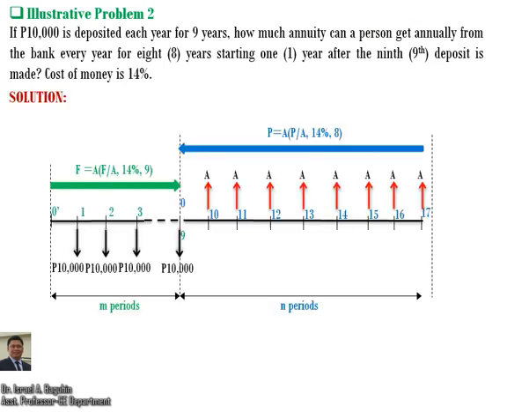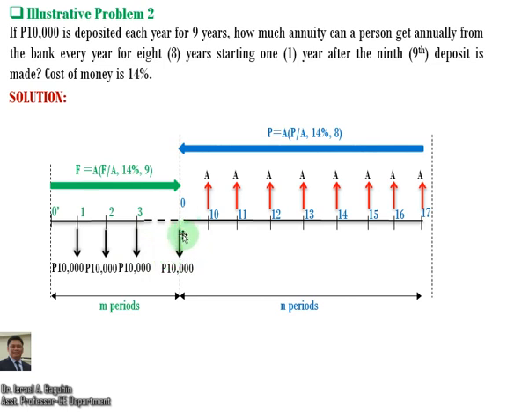So we have now a simple illustration for this problem. This 10,000 is deposited each year for 9 years. So we have here M periods of 10,000 until, take note, the ninth year.